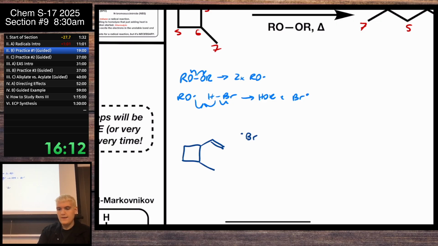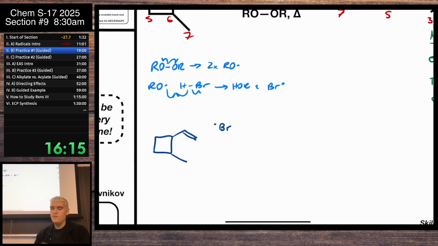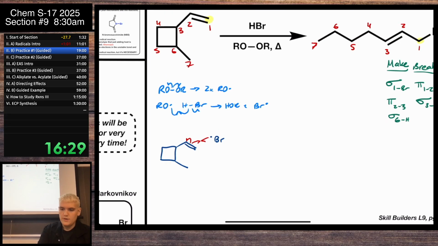Well, we said that the first move is normally interact with the alkene, add the bromine in its place. So let's do that. So 1 electron in the pi bond is going to combine with the BR dot, and the other electron's going to go on carbon 2 over here.